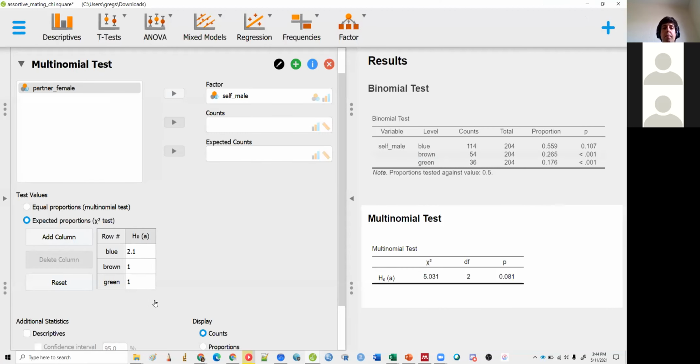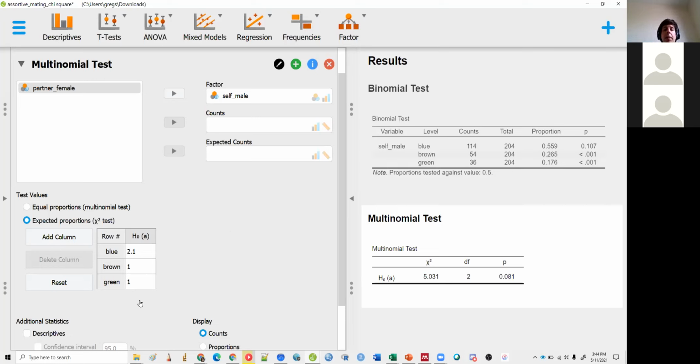In the case of population characteristics, like the proportion of blue eyes, brown eyes, and green eyes, there often is a very easy way of figuring out what the expected proportion should be, which is you can just look at the proportion of different eye colors in the population. So for example, you might have a database of eye color from driver's license data.